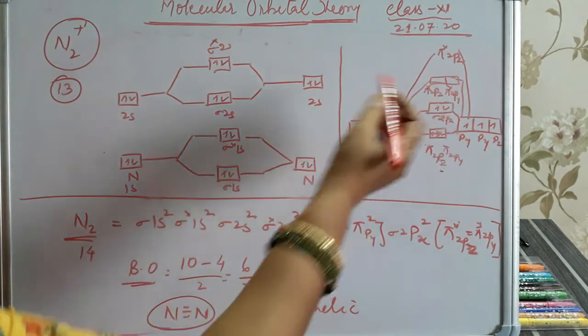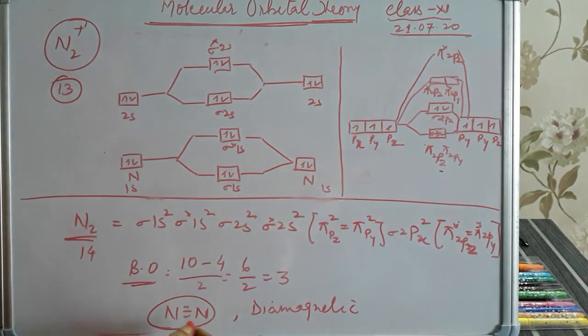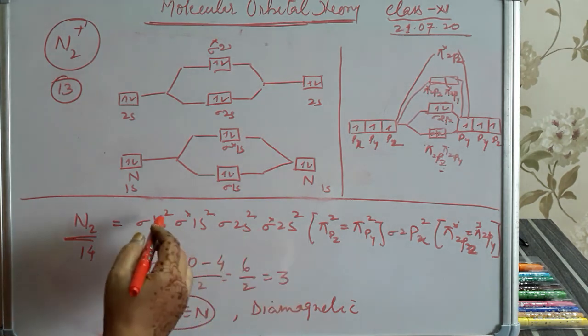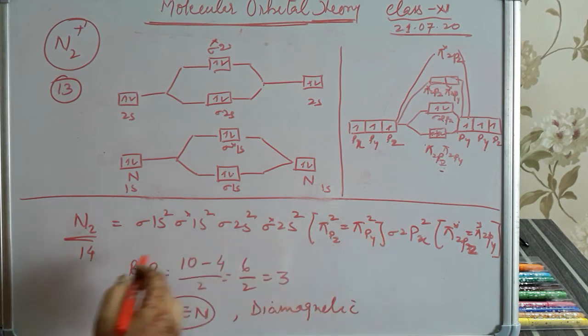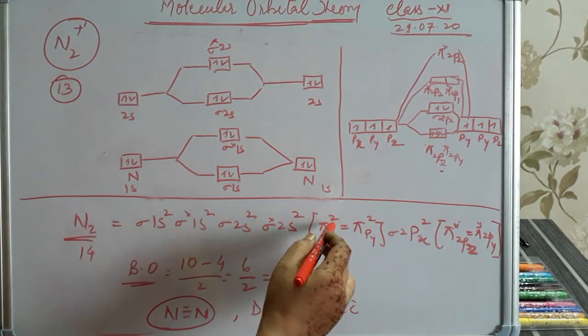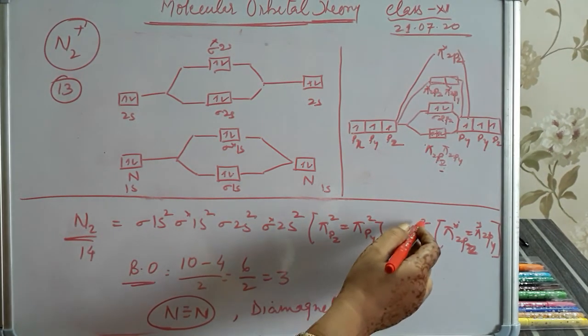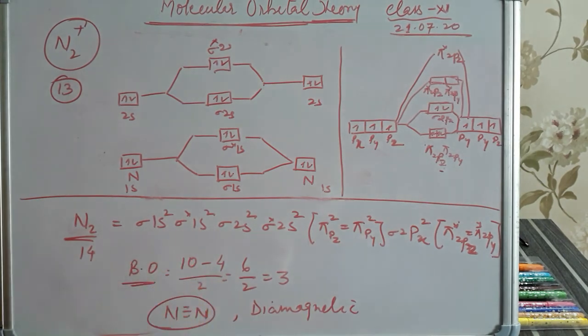If this contains 1 unpaired electron, N2 plus becomes paramagnetic, not diamagnetic, and the bond order also changes, because here the bonding molecular orbital has 2, 4, 6, 8 and 10 electrons, but in case of 1 electron less, the bonding molecular orbital contains 9 electrons.